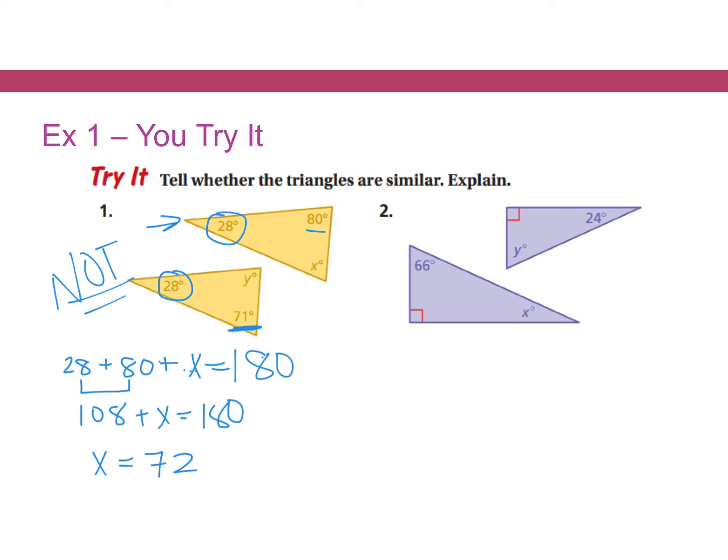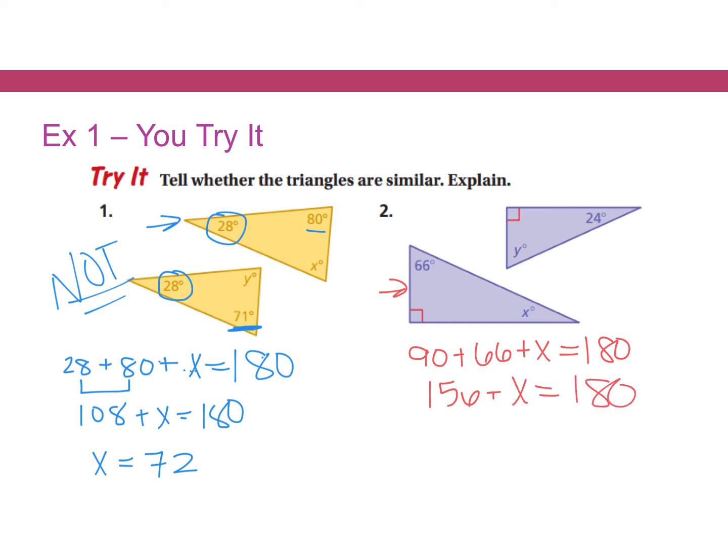Likewise, I'm going to do the same thing for example 2. I'll start with this triangle here, and I can see that I have 90 plus 66 plus X equals 180. I add that 90 and 66, and I get 156 plus X equals 180.